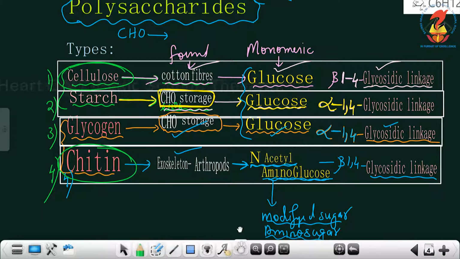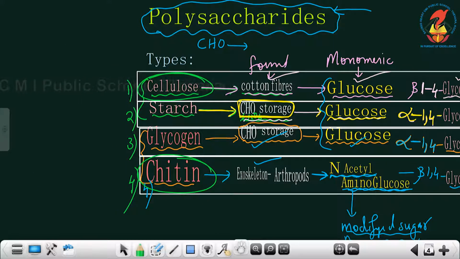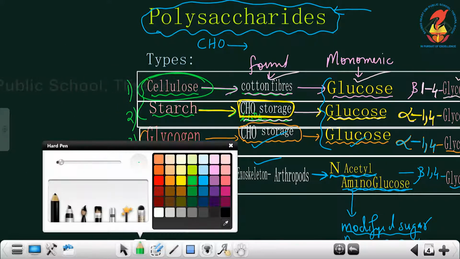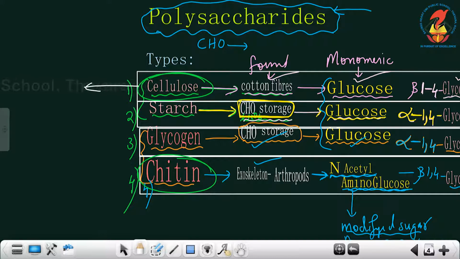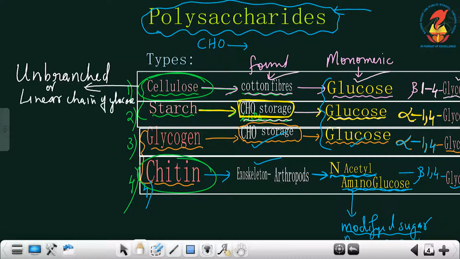Now, why do we say cellulose is the simplest polysaccharide on earth? The reason is that, first of all, it is unbranched, just a linear chain of glucose, and not only that, it is a homopolymer. That is, the monomeric units are similar and repeated in a linear chain.